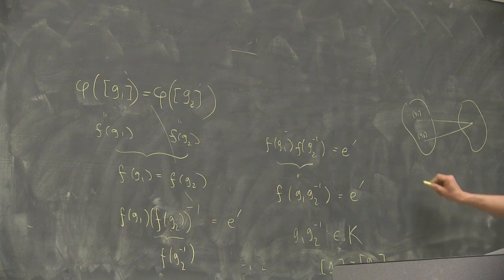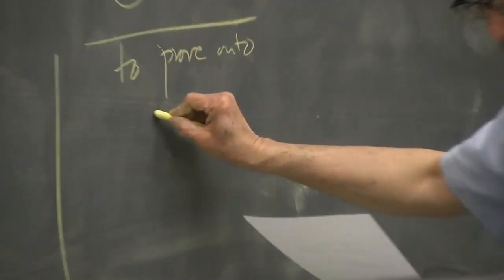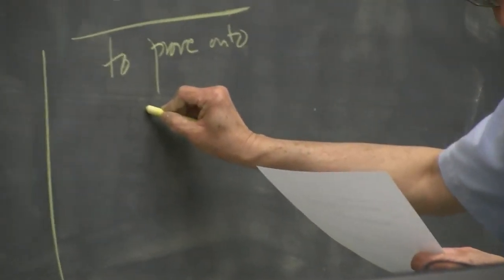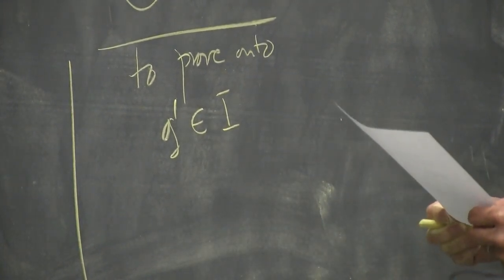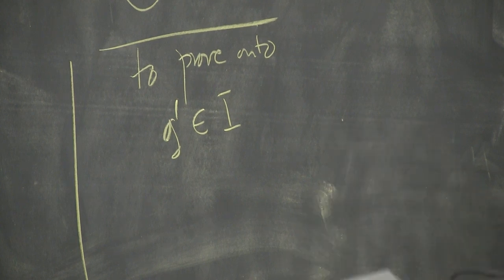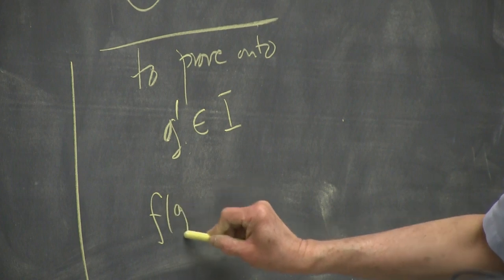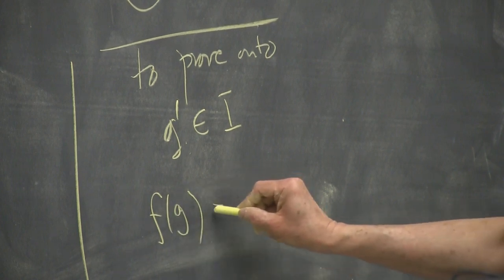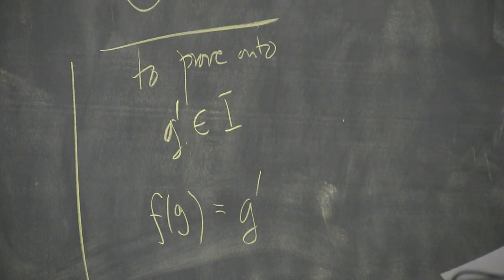Now to prove onto, you take any G prime in the image of the map F. That means if G prime is in fact in the image, there must be a little g in big G such that F of G is equal to G prime.